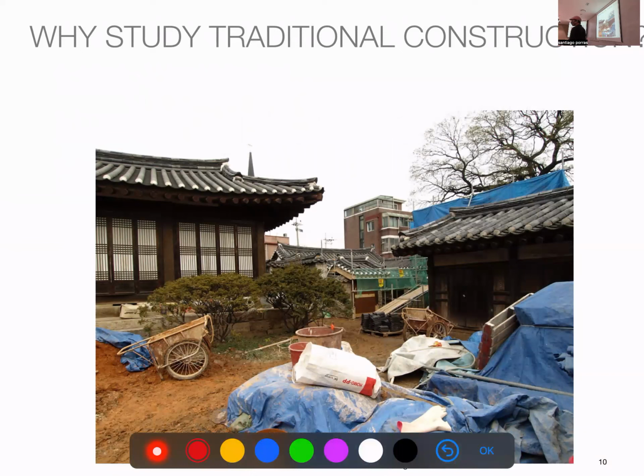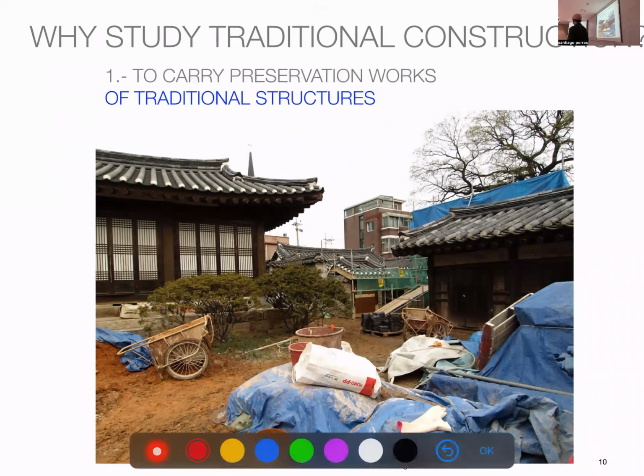So that needs to be repaired, maintained. And the people who do that have to know very well all those techniques, right? You cannot do it in a modern way, or you can do it with many limitations. So just to keep our traditional buildings alive, we need to be aware of those techniques.